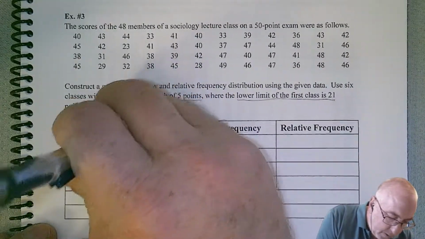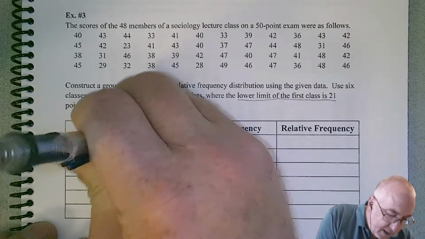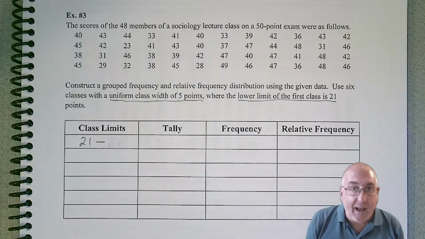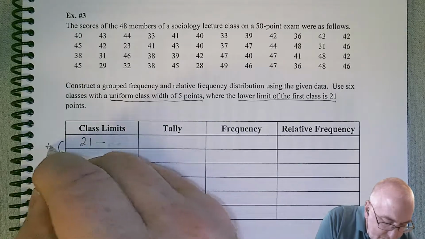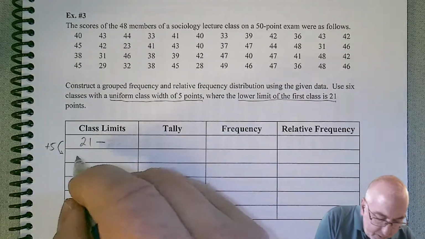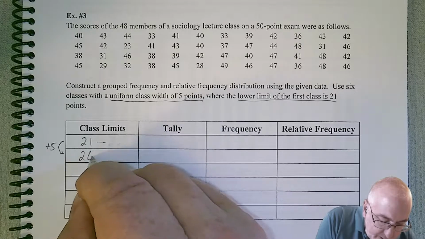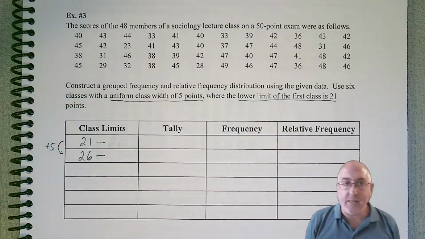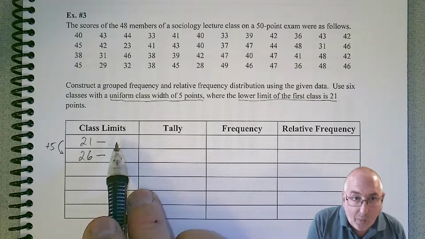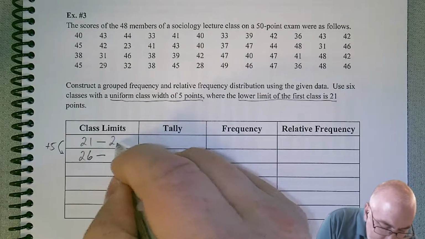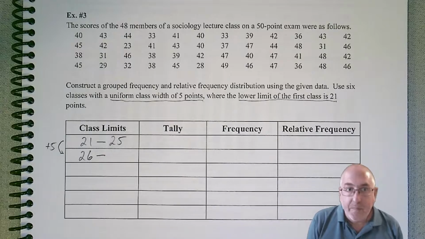That won't work. But what we can do is add 5 vertically. If we add 5 vertically, that means the starting point for the next one is 26. And if this one starts at 26, then we know the previous one better end at 25.